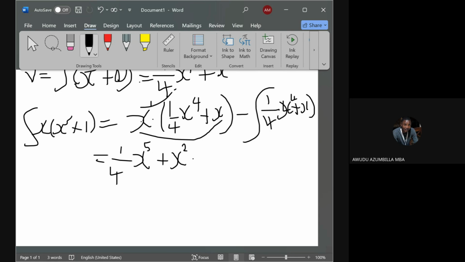Okay. And this one, let's integrate this one. And remember, I said that when you are integrating this, it is telling you that you are integrating the whole function here, the whole function.